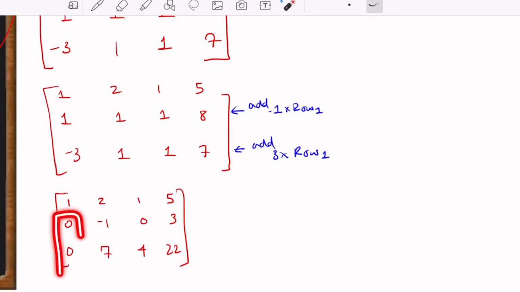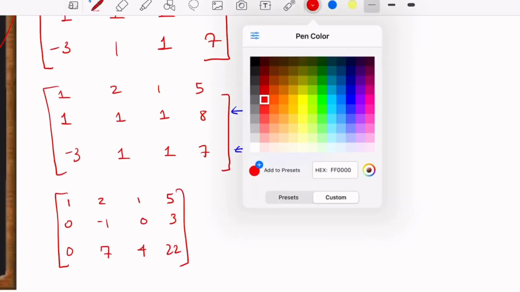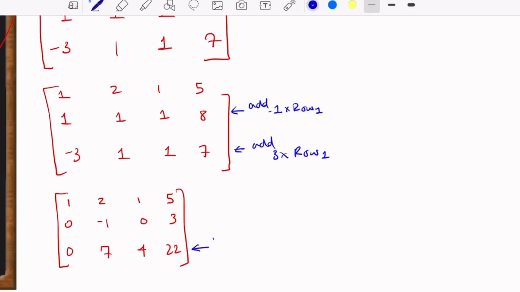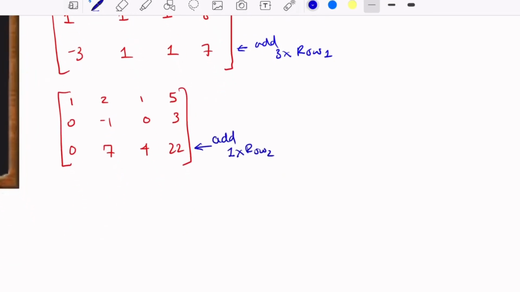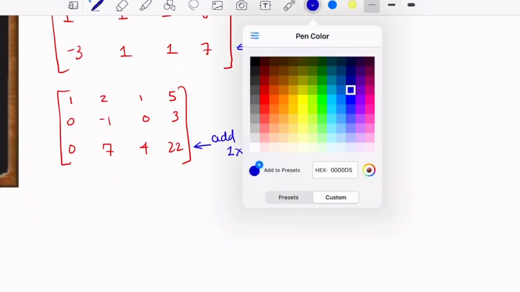I got all zeros on the first, under the x column. I want zeros here too. So what I could do is add to this one, well, I like blue here for my operations, 1 times row 2. Now watch what happens.